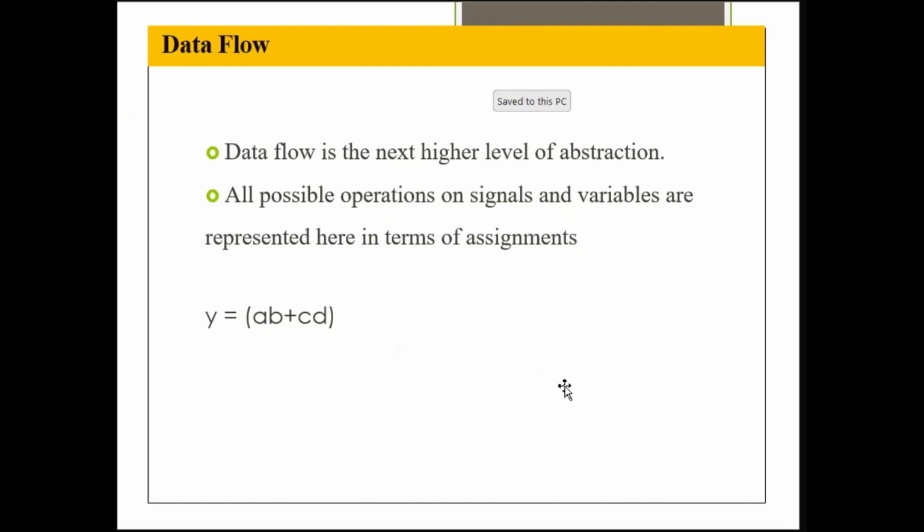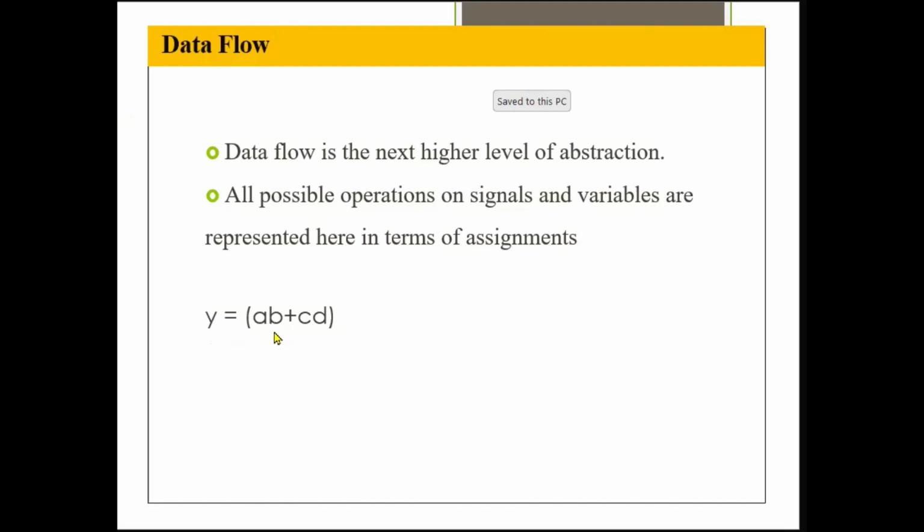The next level of describing digital circuits is the data flow modeling, where the logical expression is important. Here, the logic expression is given as Y equals AB plus CD.